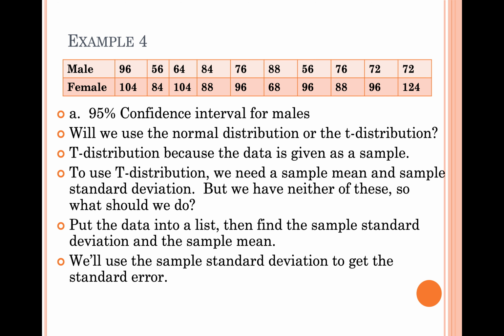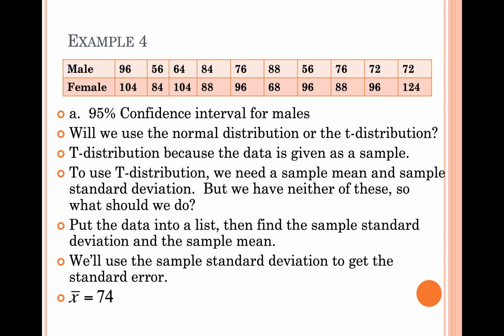Okay, so you're going to go to your calculator, put the data into 2 separate lists, run one var stats on each list, and from that you will get the sample mean, the sample standard deviation, and using that sample standard deviation you divide by square root of n to get the standard error.